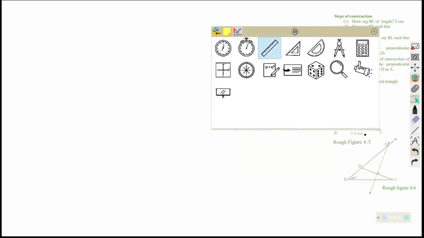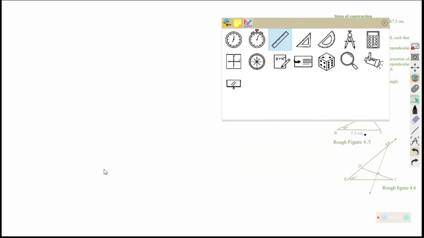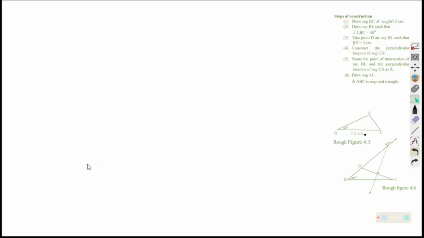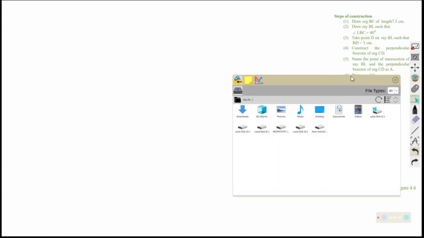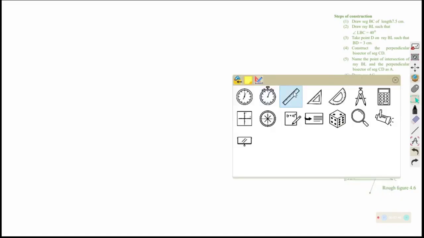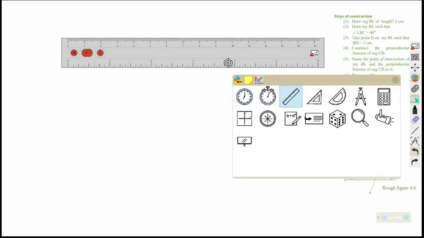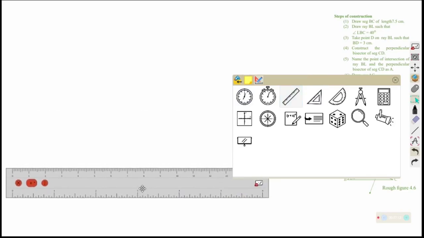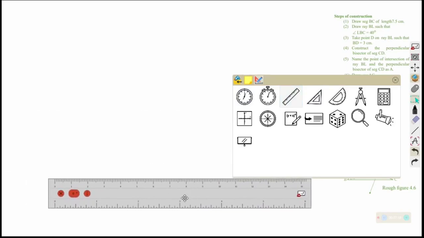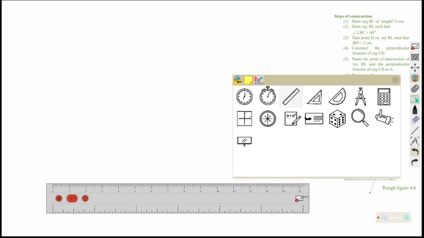For construction again, we need the ruler first in order to make a measurement, required measurement of the base. The base given over here is 7.5 centimeter. 7.5 सेंटीमीटर का एक बेस बनाना है. Let us make the base of 7.5 centimeter.